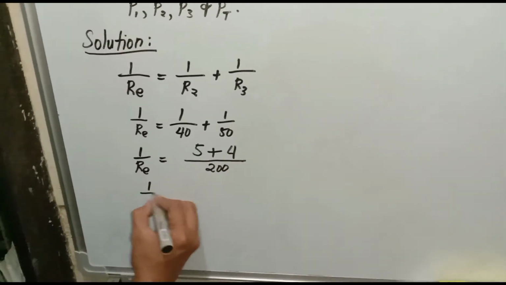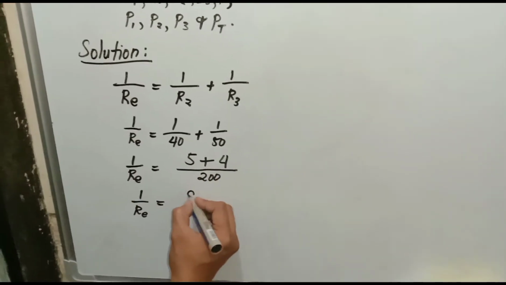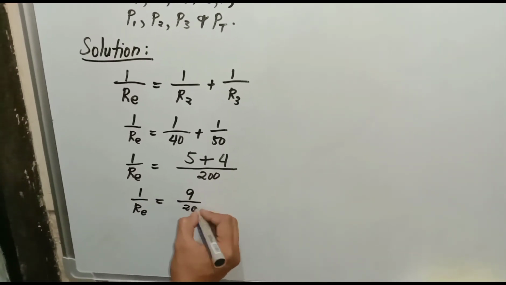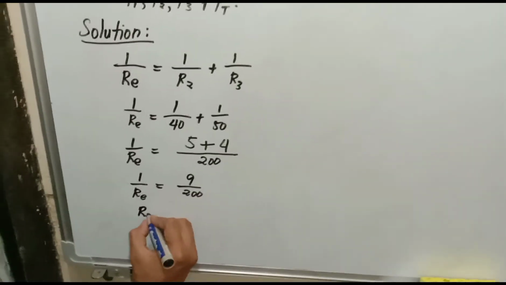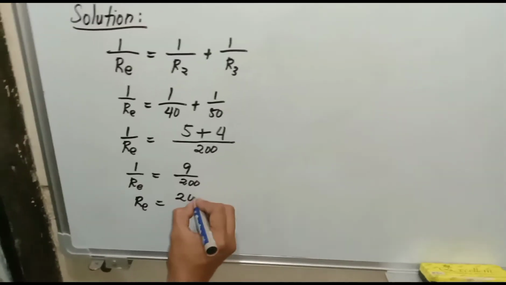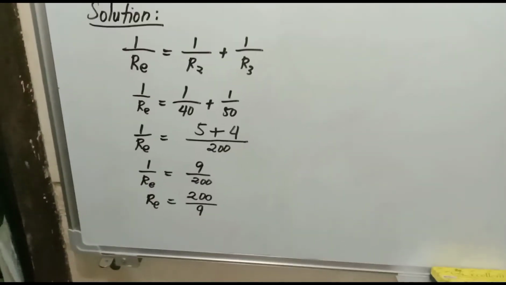So 1 over the equivalent resistance is equal to 5 plus 4, which is 9 over 200. So RE is equal to 200 over 9. It's just the reciprocal.